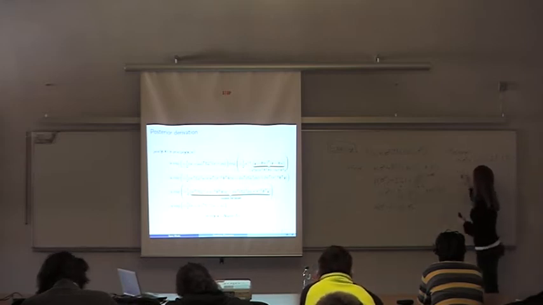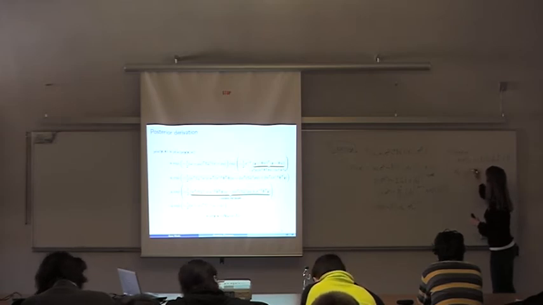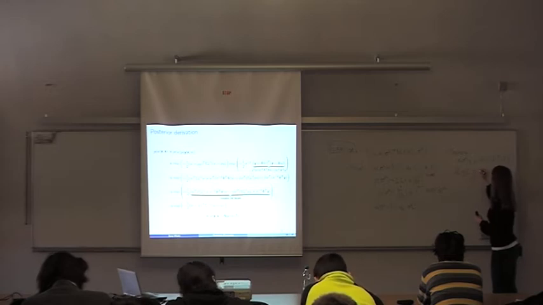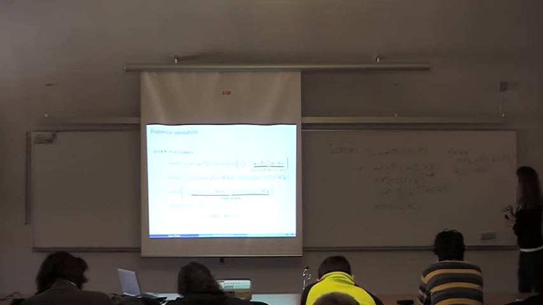Let's start with C hat. C hat has a similar form to what we saw before. It's just our prior precision plus a positive term involving the x.